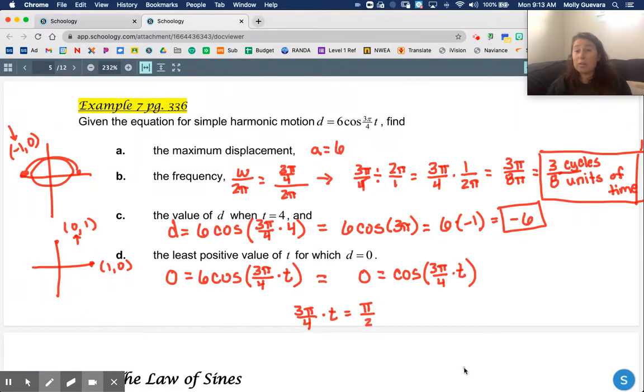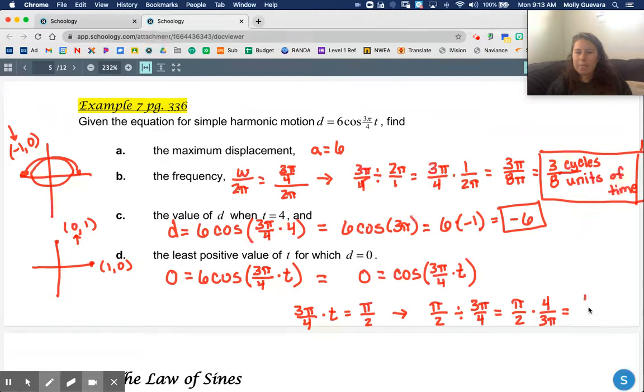And I'm going to solve for t. So I'm going to divide by 3 pi over 4. So pi over 2 divided by 3 pi over 4. Again, more fraction work. We have to copy dot flip. So pi over 2 times 4 over 3 pi.